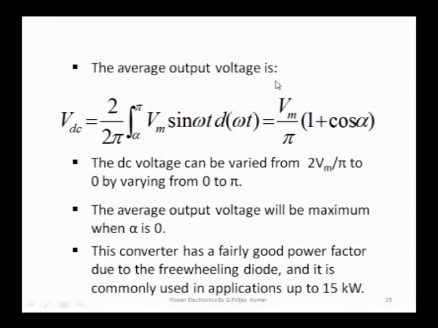I will repeat, when alpha is equal to 0, the average output voltage will be maximum. When alpha is equal to pi, the VDC becomes 0. This converter has a fairly good power factor due to the freewheeling diode, and the single phase semi converter is commonly used in industrial applications up to 15 kilowatts.